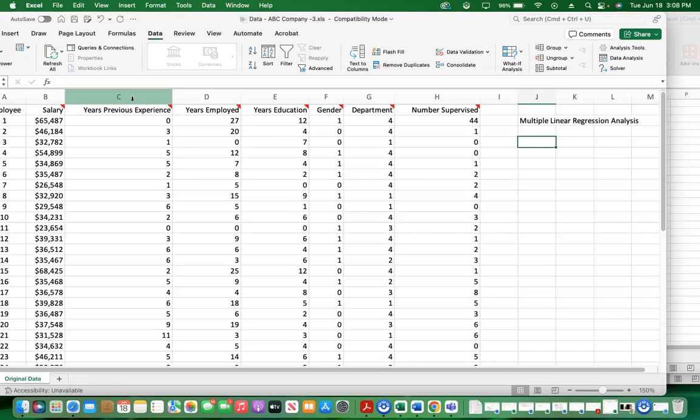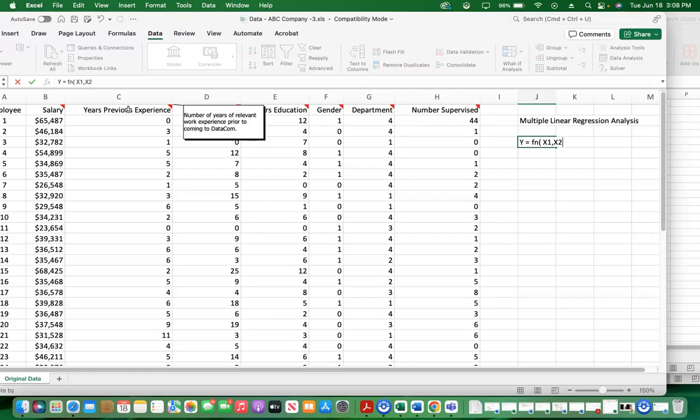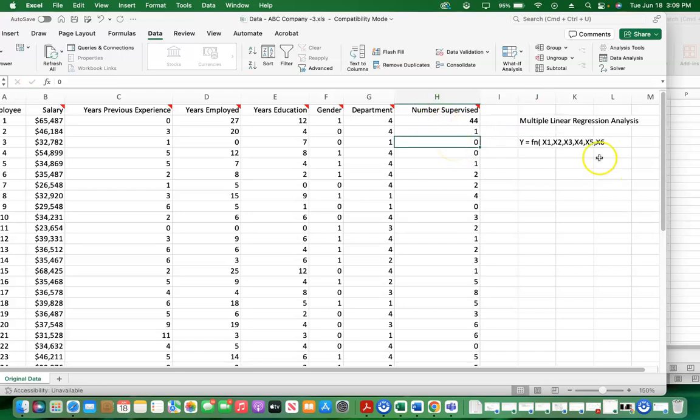So we can focus on all these variables as salary, which is y, as a function of x1, which is years of previous experience, x2, which is years employed, x3, which can be years of education, x4, which is gender, and x5, that is department, and finally x6, which is number supervised.